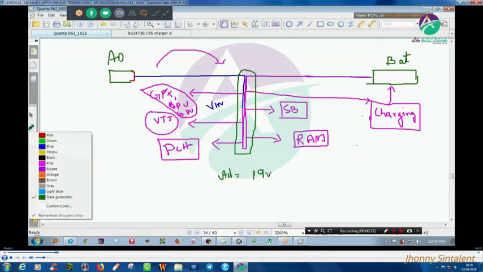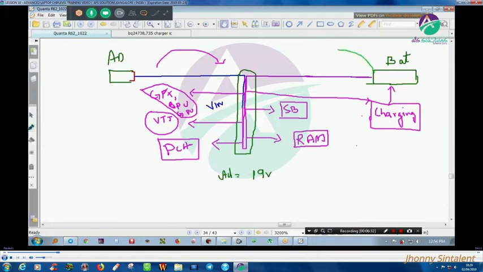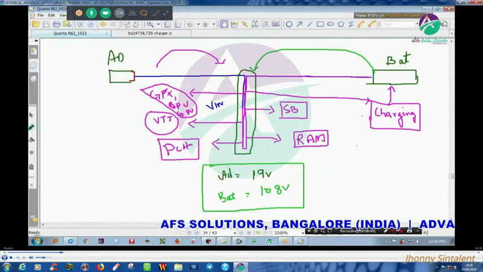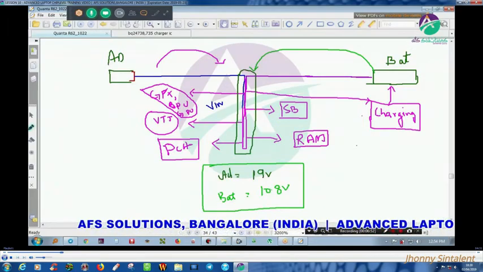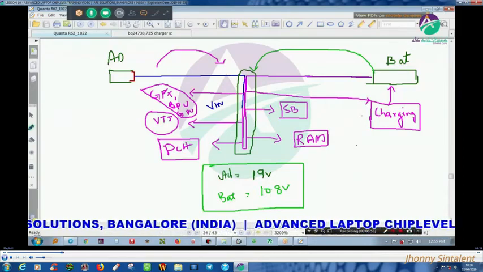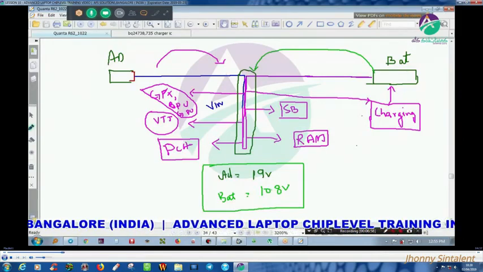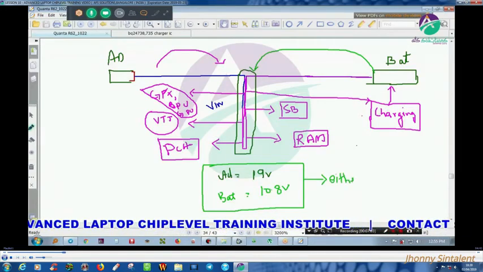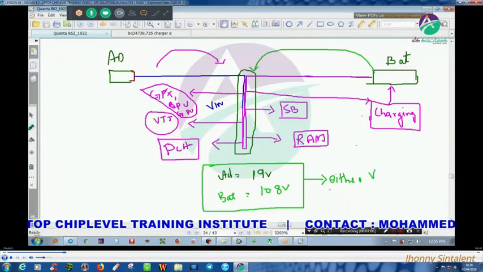But when my battery is connected, the voltage passing to the V in should be around 10.8 volts. This is what I want. The voltage available is 10.8 to 11 volts, 11.2, 11.8. This is the standard voltage of the battery. But my laptop has to work with either of the voltages, either the adapter or the battery.